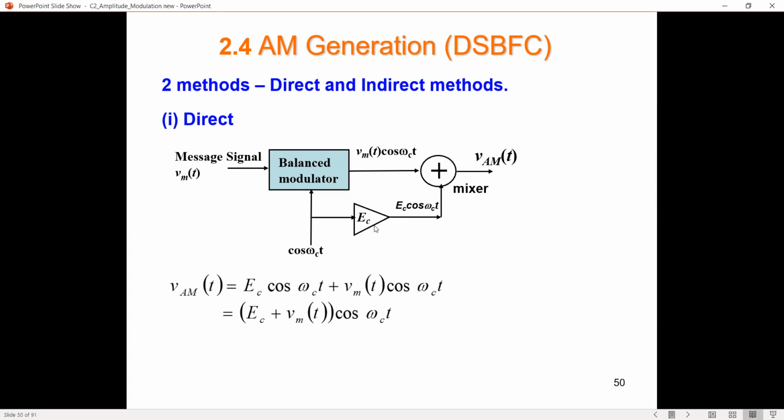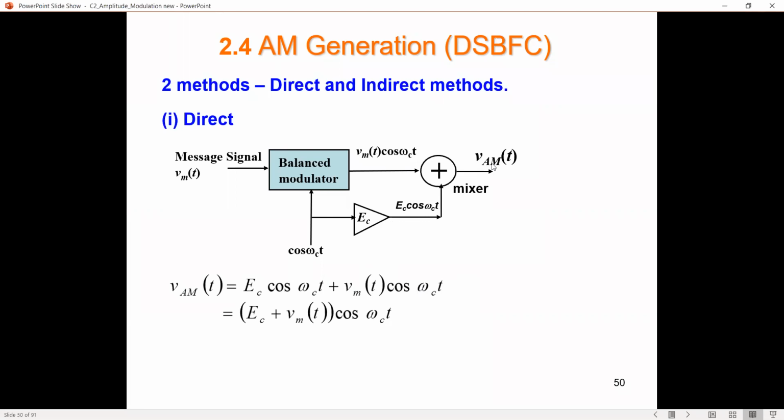For the lower arm here, we multiply our carrier, whose amplitude is EC, so that is EC cos omega CT, then we sum it with VMT cos omega CT. Then we get EC cos omega CT plus VMT cos omega CT.